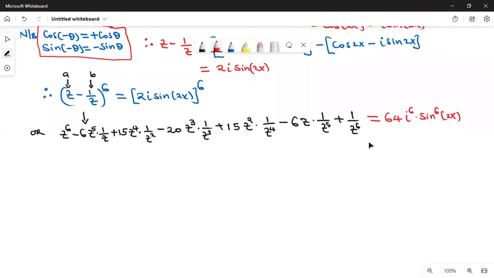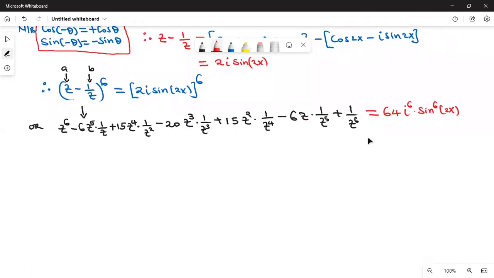So you can take note that i raised to 6 is the same as negative 1, because i is the square root of negative 1.